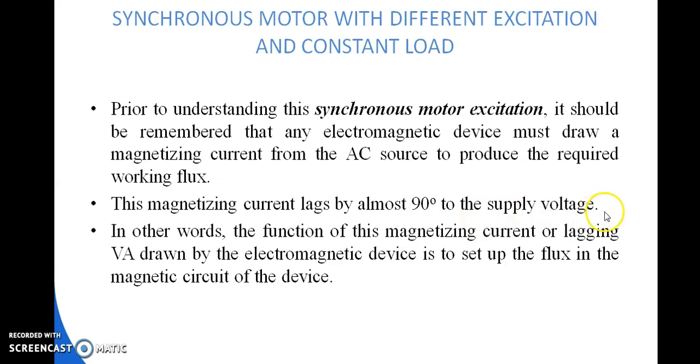In other words, the function of this magnetizing current, or lagging volt ampere drawn by the electromagnetic device, is to set up the flux in the magnetic circuit of the device.